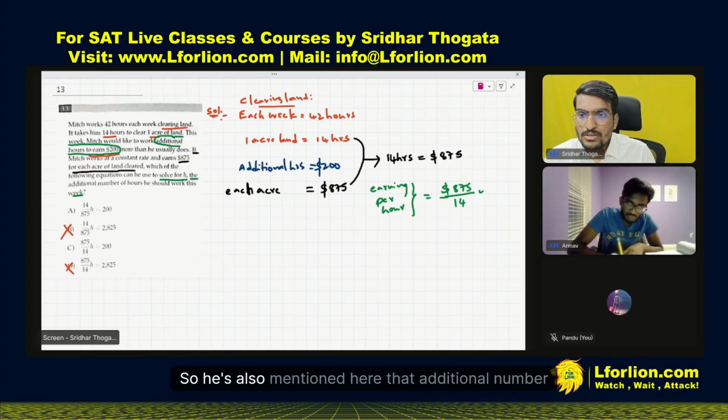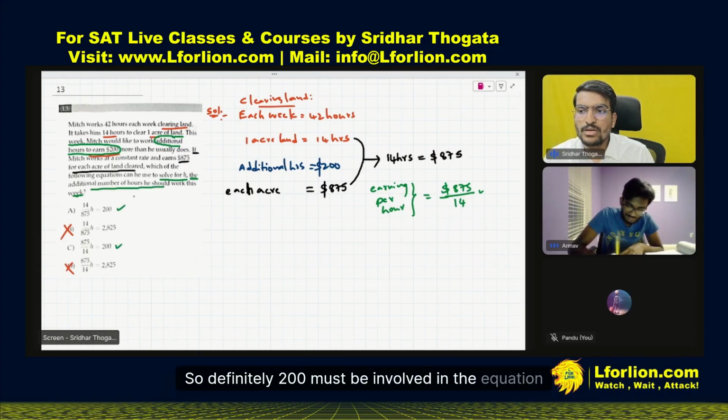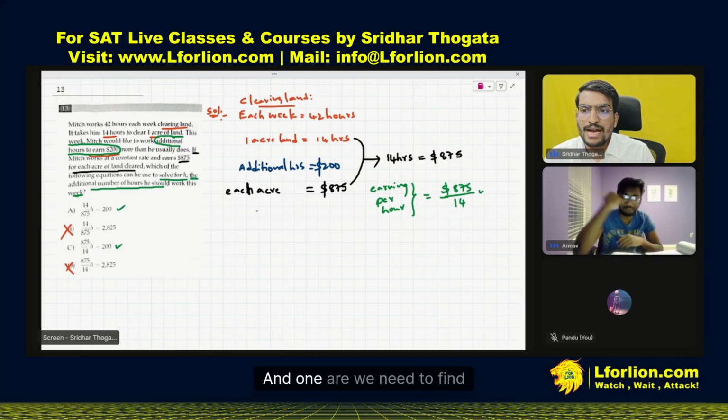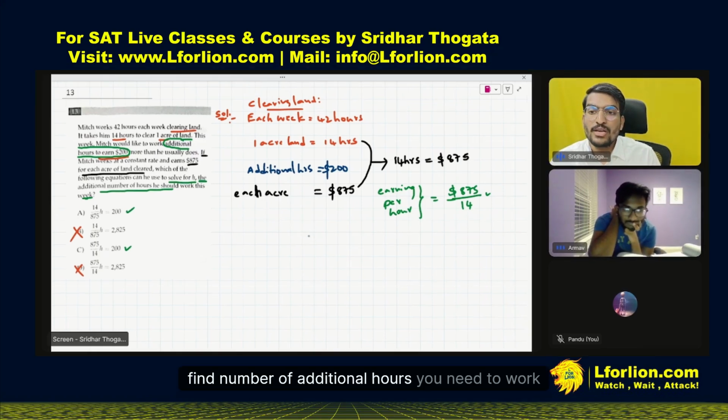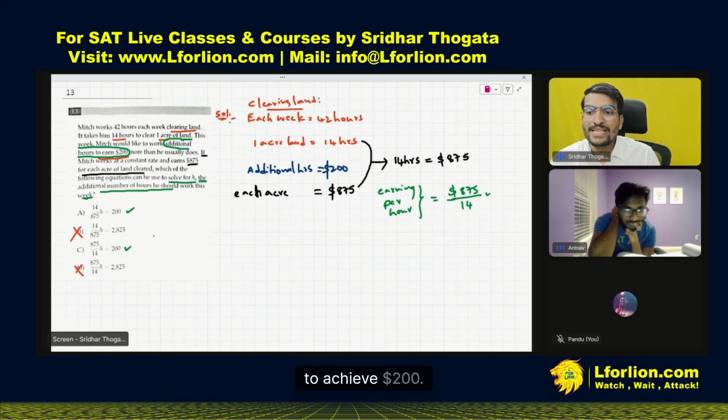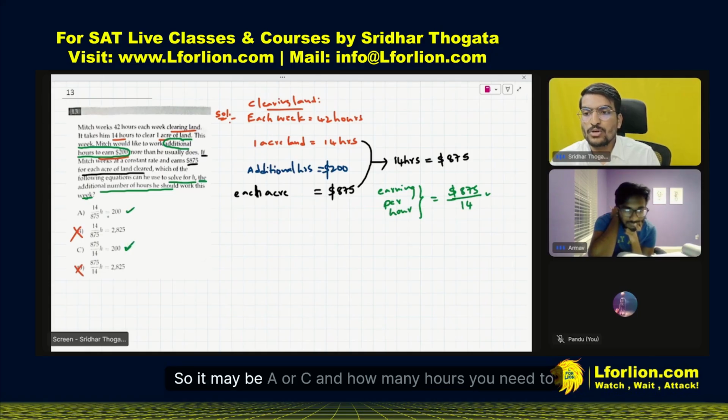So definitely 200 must be involved in the equation. It may be A or C.